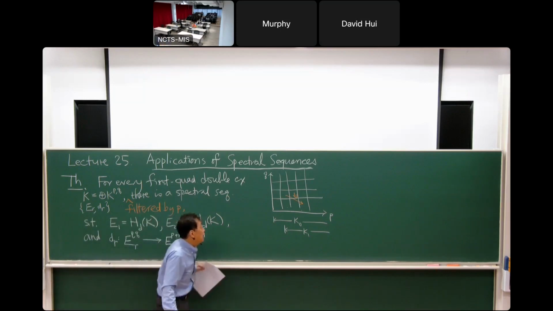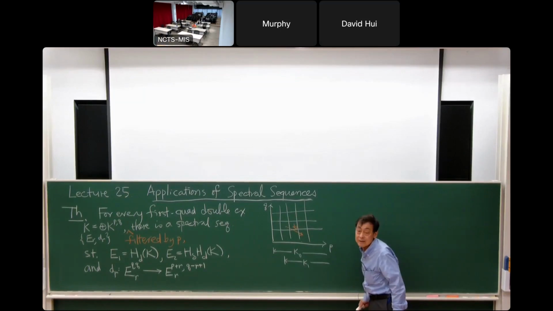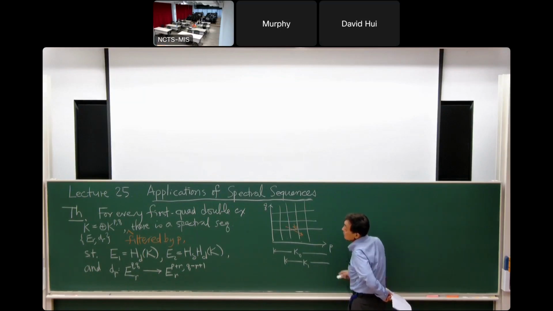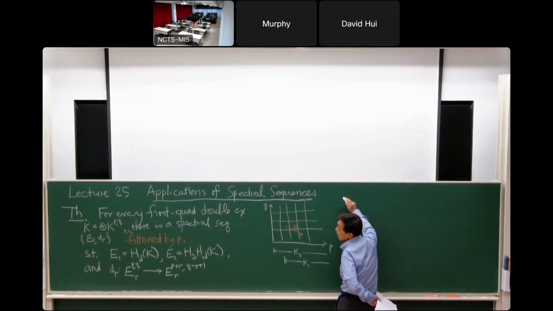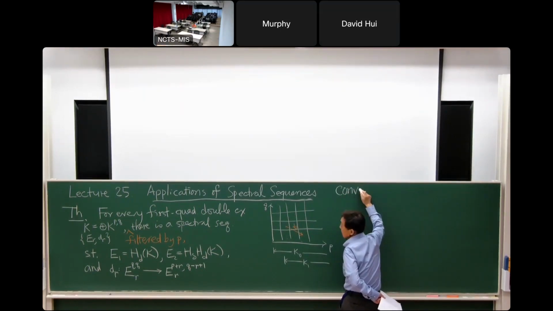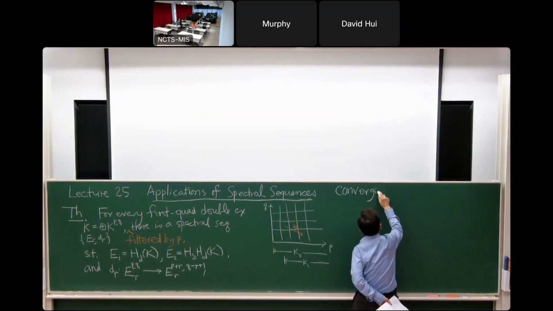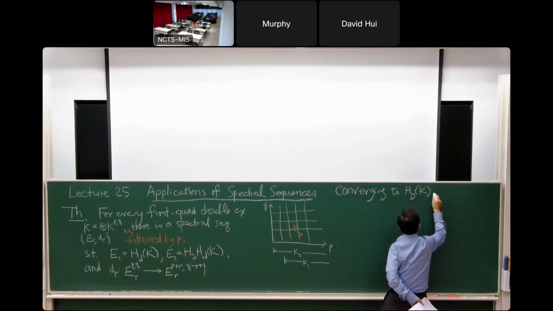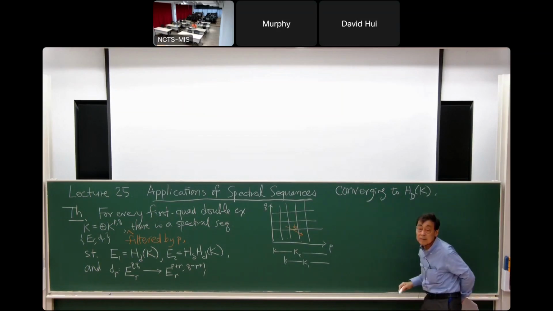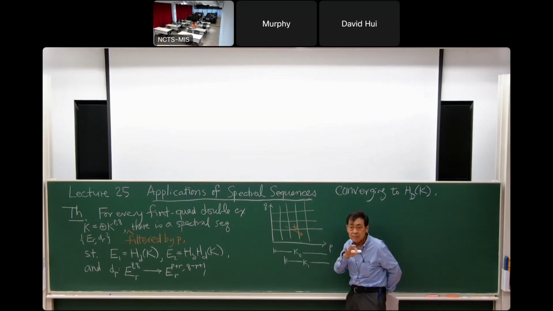Such that the spectral sequence converges to the total cohomology. So we have this spectral sequence converging to H_D of K. And what that means is that eventually all the E's become the same.